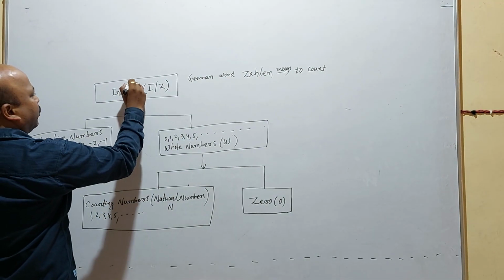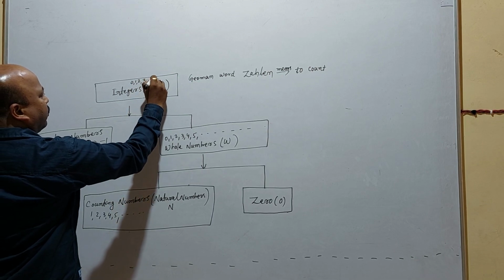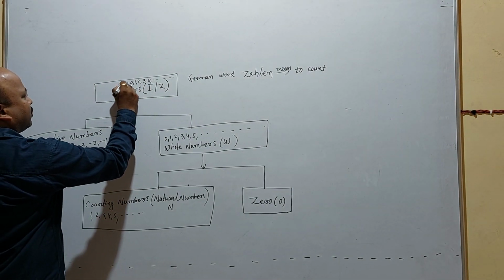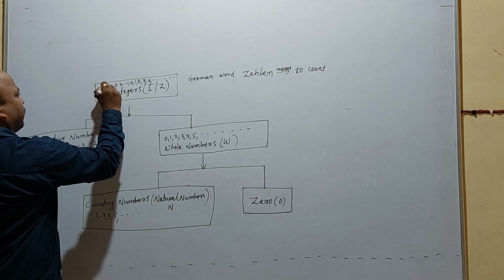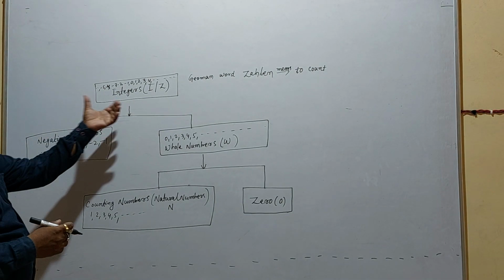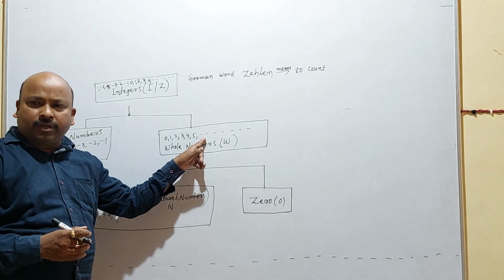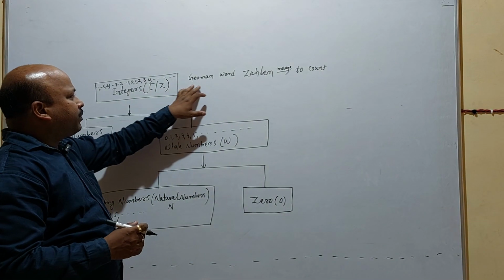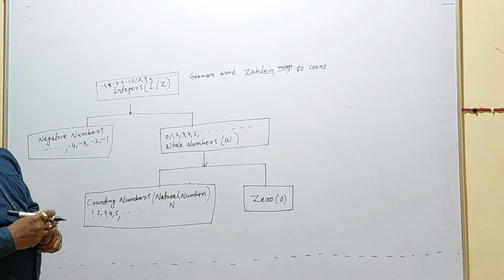So integers include 0, 1, 2, 3, 4 and so on, the positive numbers, and -1, -2, -3, -4, -5 and so on. So these are known as what? Integers. Integers include both negative numbers and positive numbers, including 0. And the symbol Z comes from the German word Zahlen, meaning to count. Clear students? Okay.